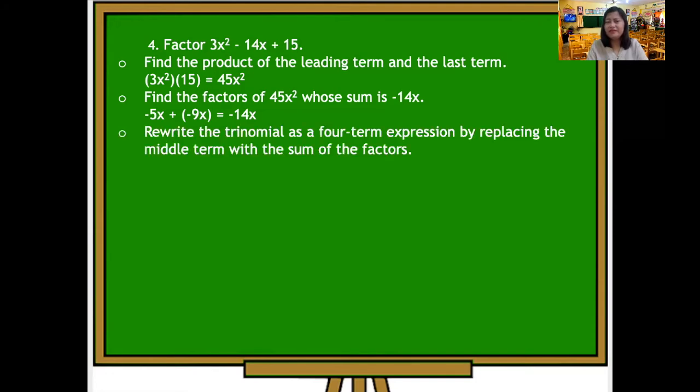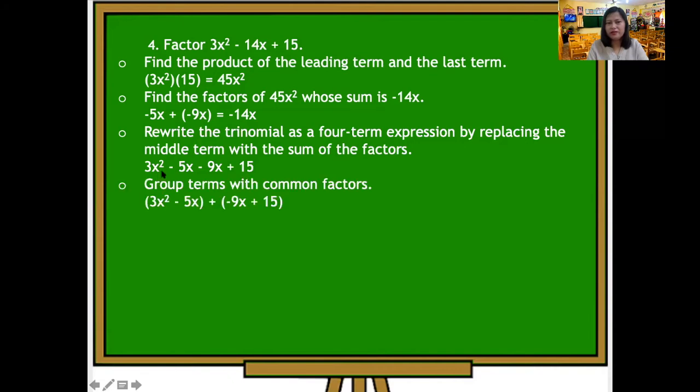Next, we write the trinomial as a four-term expression. So copy 3x squared, negative 14x, replace it by negative 5x minus 9x. Copy plus 15. We now group them. 3x squared minus 5x group as 1.